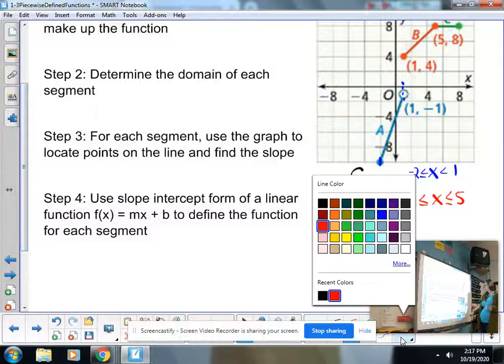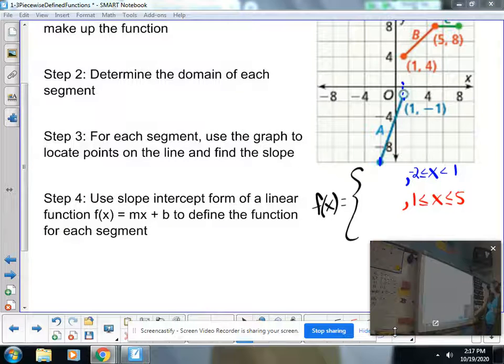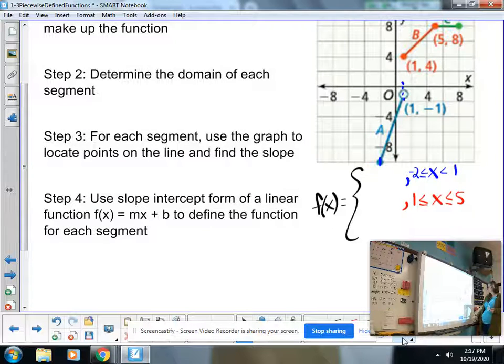For green, that's piece C. It starts at 5, and it's going to end at 8. 8 is a closed dot. 5 is not a closed dot in this instance. You actually have an open dot underneath a closed dot, or a closed dot at the top of an open dot.